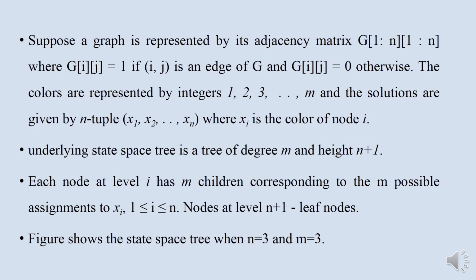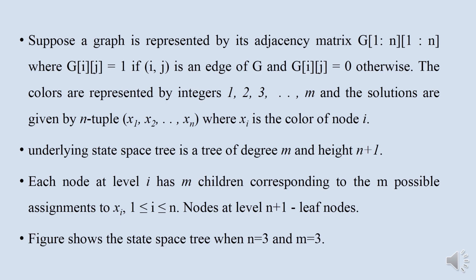Coming to the state space tree, it will be a tree of degree m because m possible colors can be given for any vertex, and the height of the tree will be n plus 1. Each node at level i will have m children corresponding to the m possible assignments to the ith node given by xi, where i ranges from 1 to n. Nodes at the last level, that is n plus 1, are the leaf nodes.